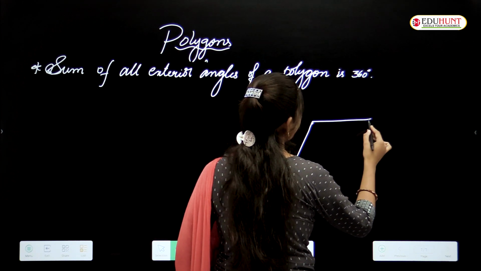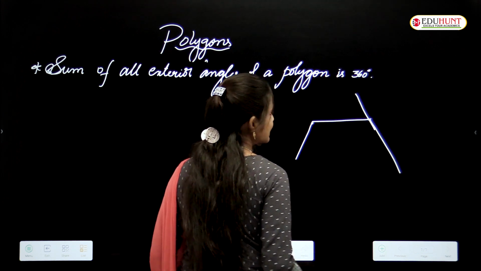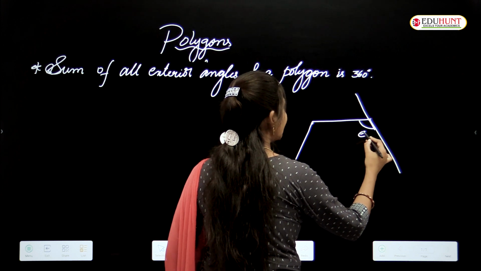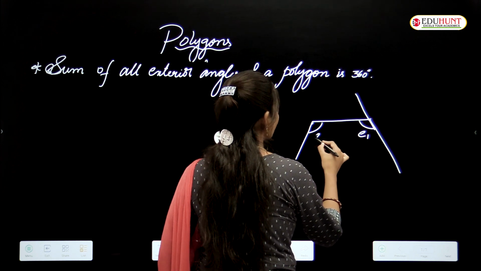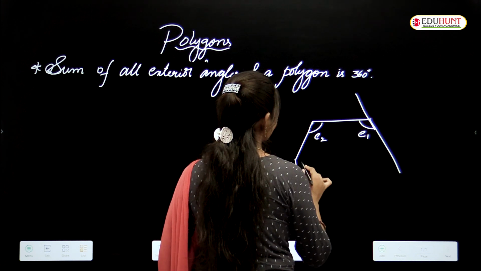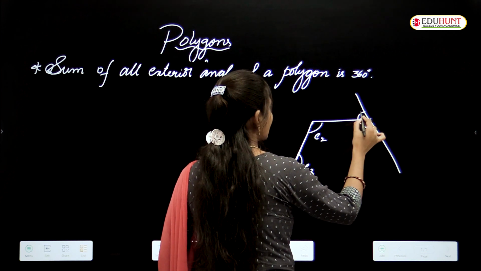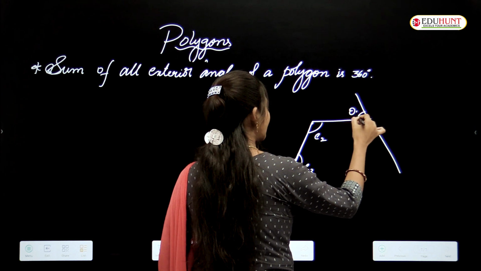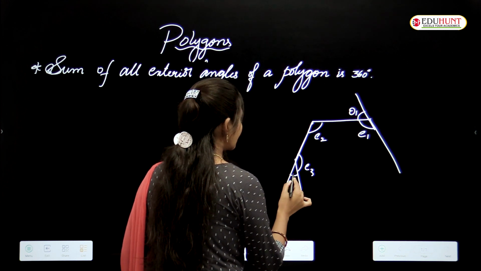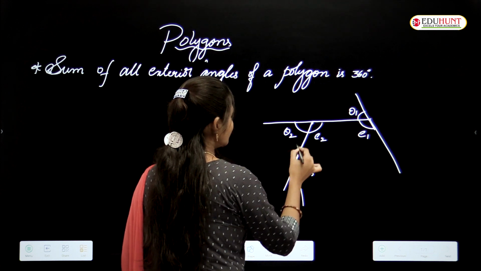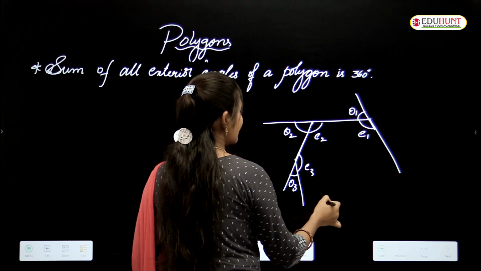For example, here this figure is an n-sided figure again. So the interior angles I am going to take as E1, E2, E3 and so on. Here the exterior angles I am going to take as theta: theta 1, this is theta 2, theta 3 and so on.